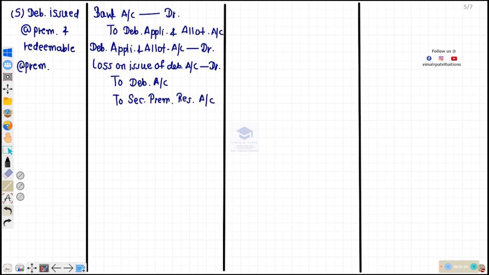To security premium reserve 10. To premium on redemption of debenture, that is 5.